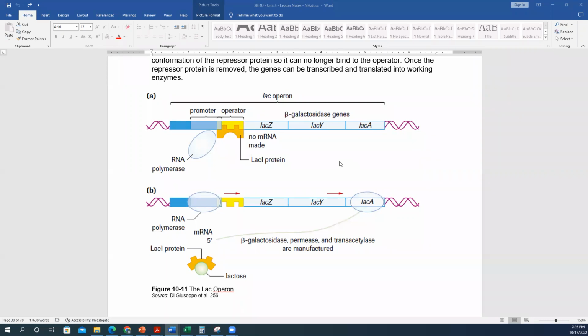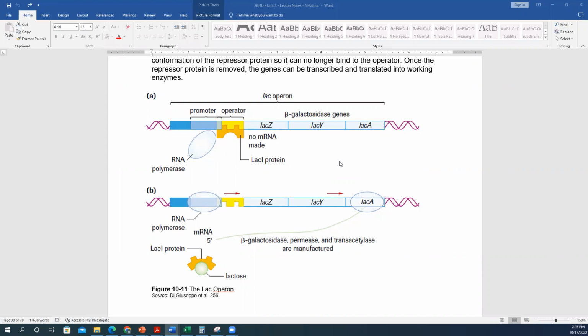And lactose, if you remember, is a type of sugar. It's a disaccharide that is found in milk, meaning that it is made out of one glucose molecule and one galactose molecule joined together.